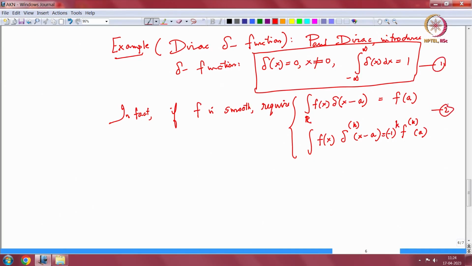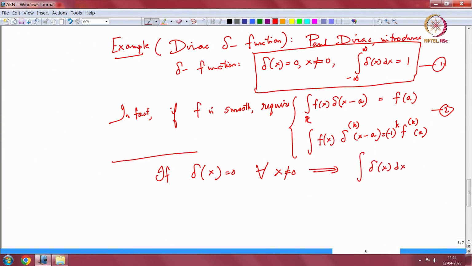But from a mathematical point of view, this is the problem. If delta of x is 0 for all x not equal to 0, then except at one point your function is 0. Naturally, if delta is a function, this will imply that the integral of delta of x dx is equal to 0.